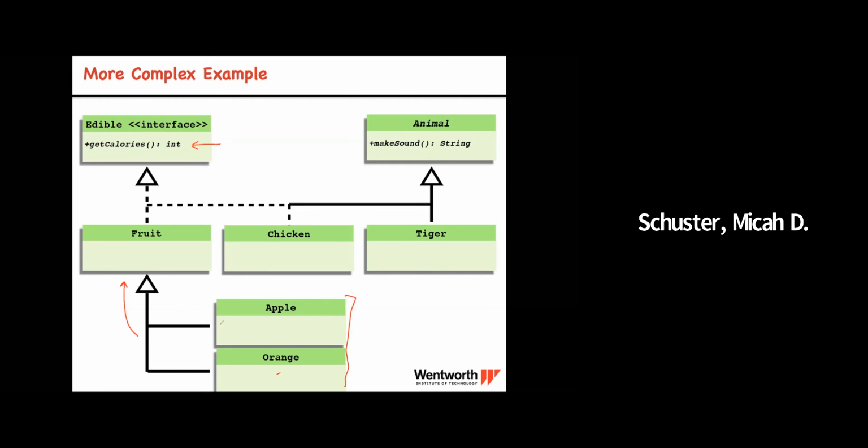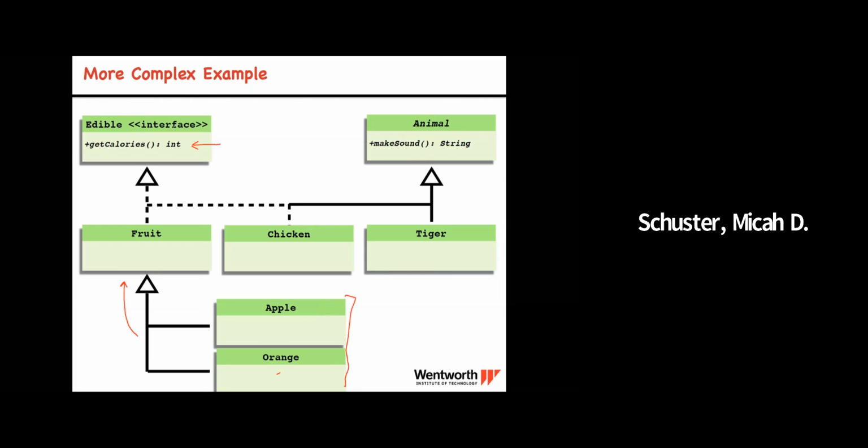So this gives you that power of interfaces, where even though the chicken is an animal, it can also be edible. And think about the terminology I just used there. I used "is a" and "be." Chicken is an animal, just like apple is a fruit and orange is a fruit.